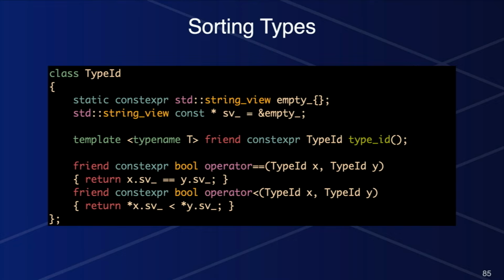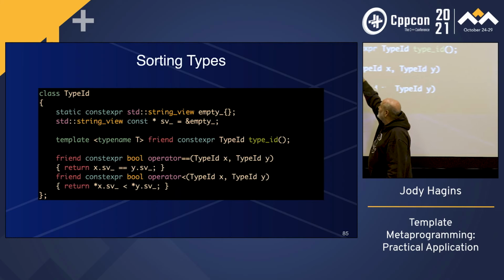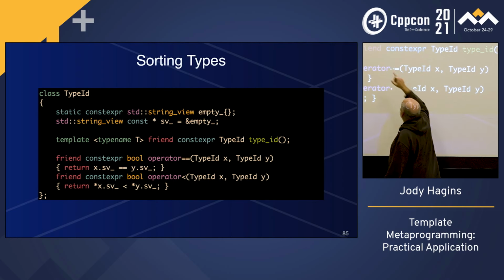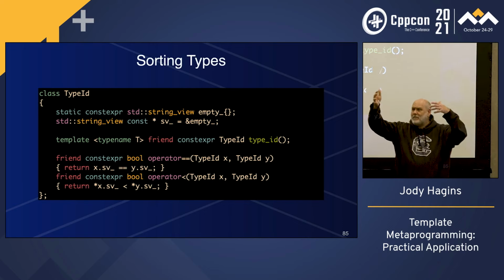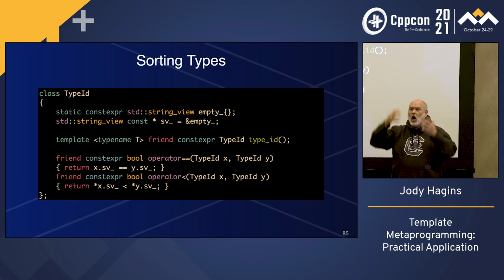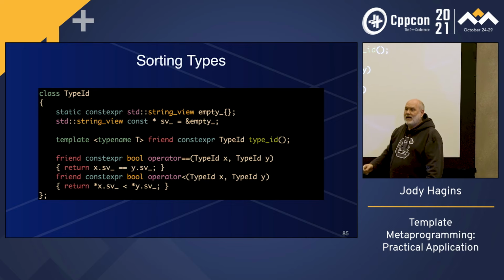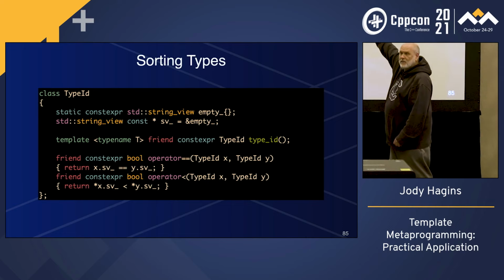But this friend member function right here, type ID, is the one that constructs this thing. Oh, I guess I didn't show that type ID. It constructs this SV by calling that name type that I showed earlier. It calls that to get the string view value, which is guaranteed to also be unique, and then it grabs it in here because it's going to keep it.